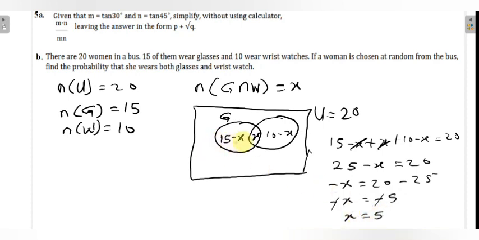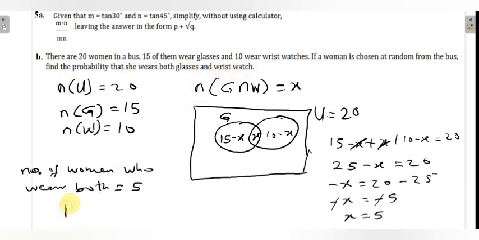So the number of women who wear both glasses and wristwatch is equal to 5. But we're asked to find the probability, if a woman is chosen at random from the bus, that she wears both glasses and wristwatch.